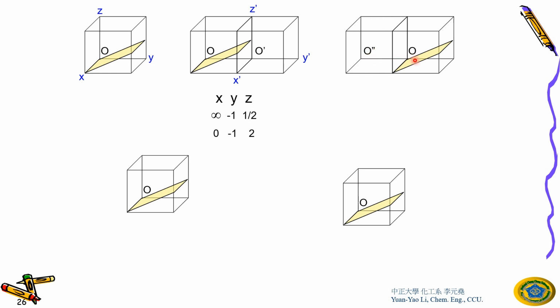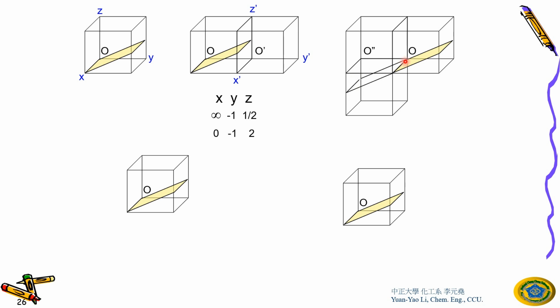Once you move the origin parallelly, you have to extend this plane, right? If you extend this plane, then talking about the x-axis, y-axis, and z-axis, this plane will have these intercepts. So let's find the Miller index for this plane. For the x-axis, again, it is infinite, right?